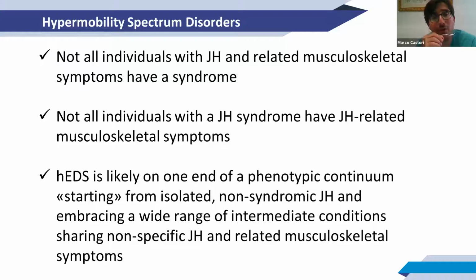There are people with specific EDS and a formal diagnosis on a molecular level without any musculoskeletal manifestations. Third concept is that hypermobile EDS is likely on one end of a phenotypic continuum starting from isolated non-syndromic joint hypermobility and embracing a wide range of intermediate phenotypes sharing non-specific joint hypermobility and the related musculoskeletal symptoms.